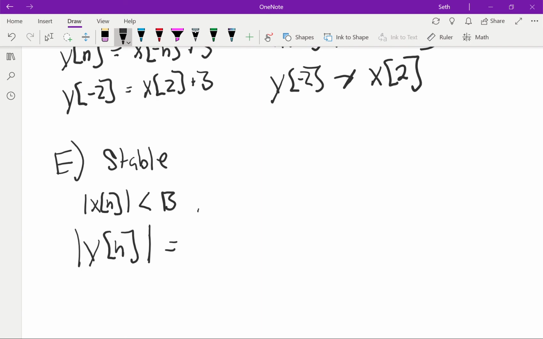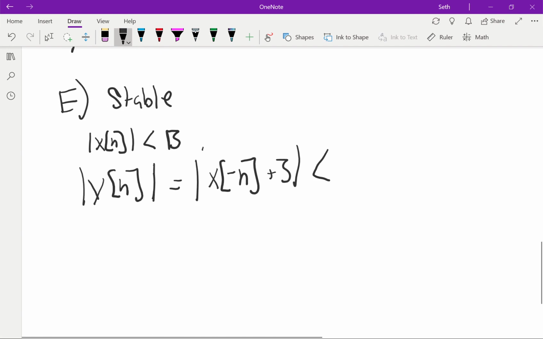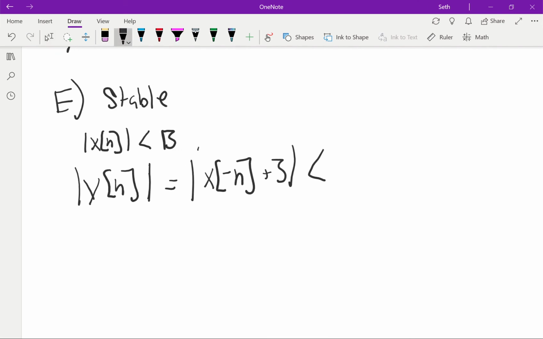And we're going to write that like this. So definitely then we can see that this is bounded, where the upper limit is b plus 3.